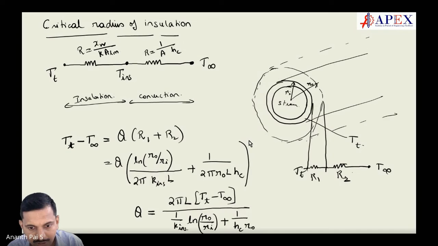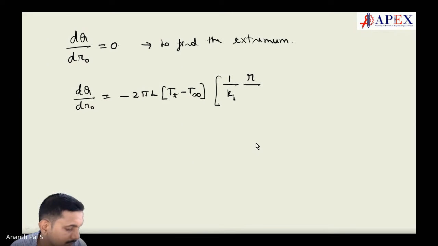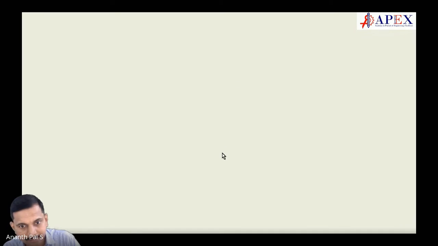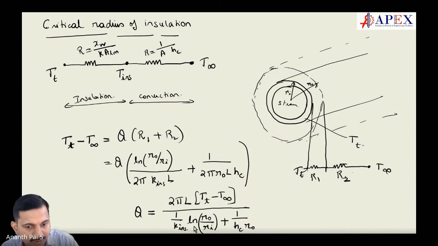Ri here, is it not? Ri. So what you will get here? You will get with respect to R naught, is it not? So with respect to R naught, when you differentiate, it's there in the denominator, dq by dr naught you are taking.